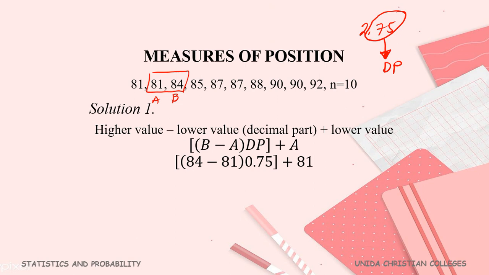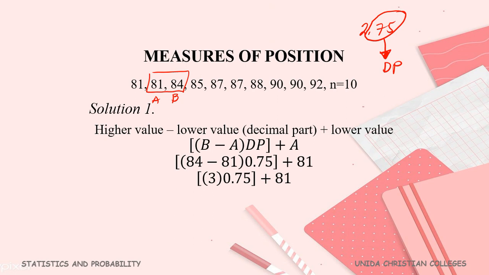Tapos, PEMDAS rule po tayo. So, gawin po muna natin yung nasa loob muna ng parenthesis. Tapos, as is na yung iba. Huwag mo munang galawin. So, 84 minus 81 po, that is 3. So, copy lang po si 0.75 plus 81. Next, meron pa rin po tayong naka-bracket. So, yun munang isa-solve natin bago po natin i-add sa 81.